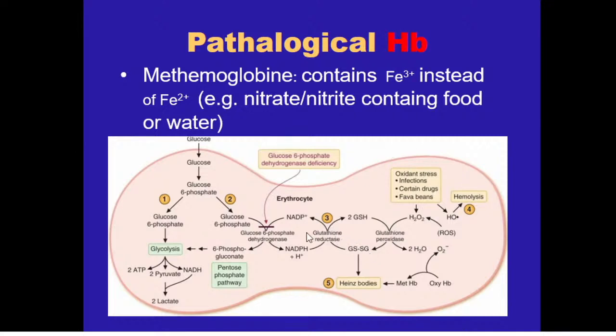So there is a special enzyme, glutathione reductase, that will return glutathione to the reduced state, and it can participate in the compensation of the formation of hydrogen peroxide.